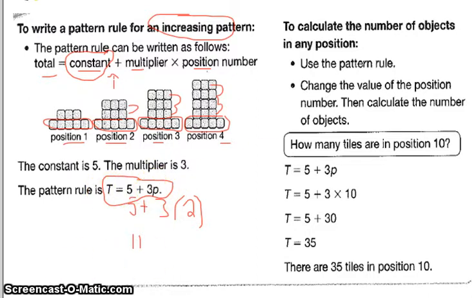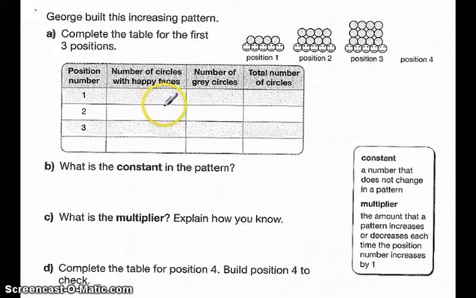Let's look at one more example on increasing patterns. This question is from page 107 in your book: complete the table for the first 3 positions. Let's look at our positions and what we notice about the pattern. The smiley faces never change, and I have 1, 2, 3, 4, 5 in each picture.